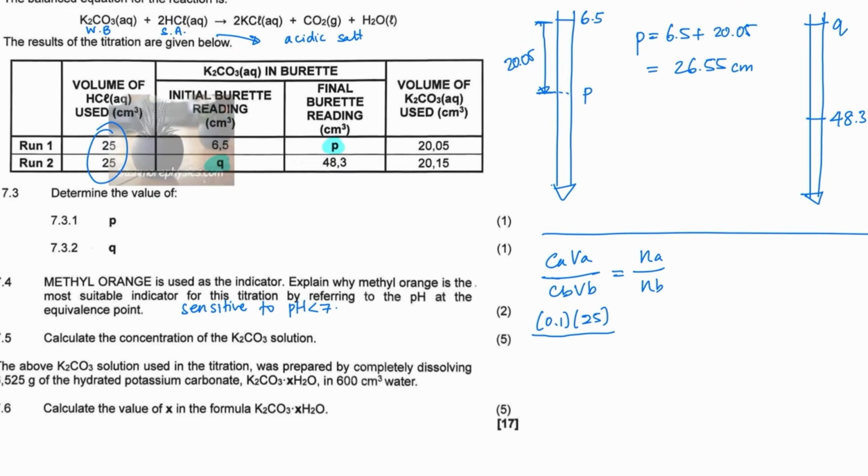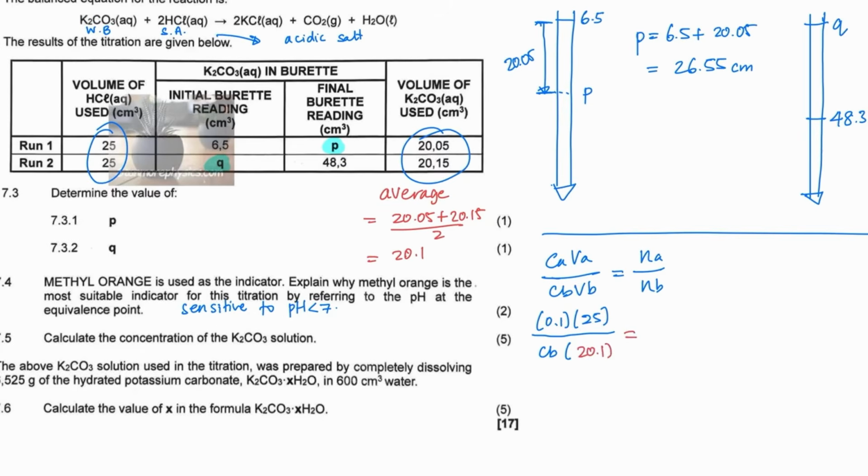Then Cb is what we want. The volume of the base. Now if you notice, we have two different volumes. So what do we do? We take the average. So the average volume is going to be 20.05 plus 20.15 divided by 2, which is 20.1. So 20.1 goes here.